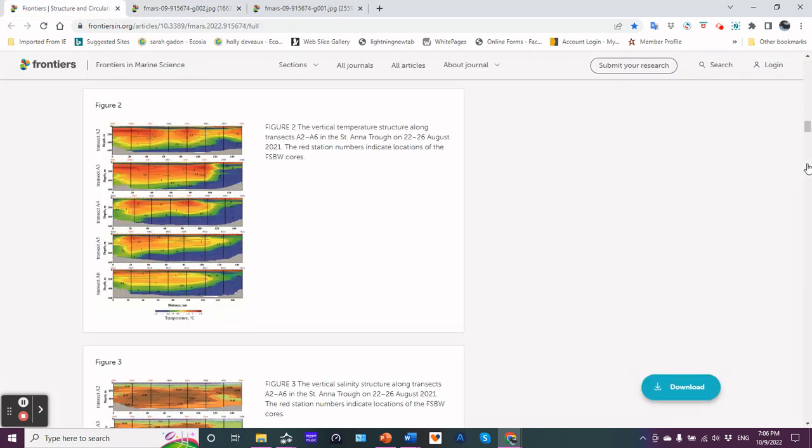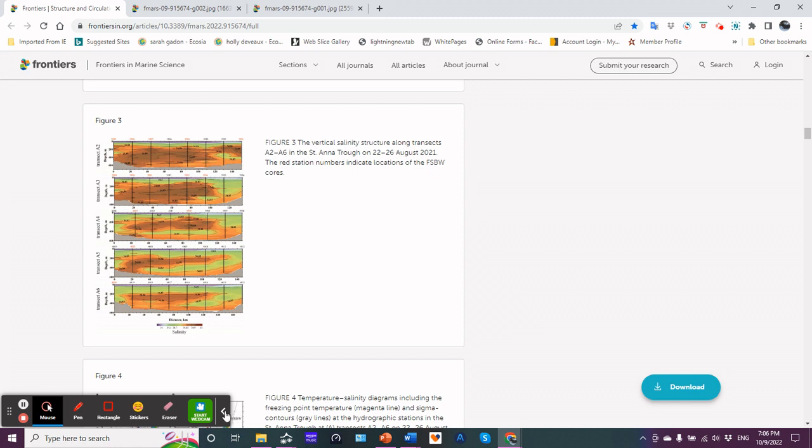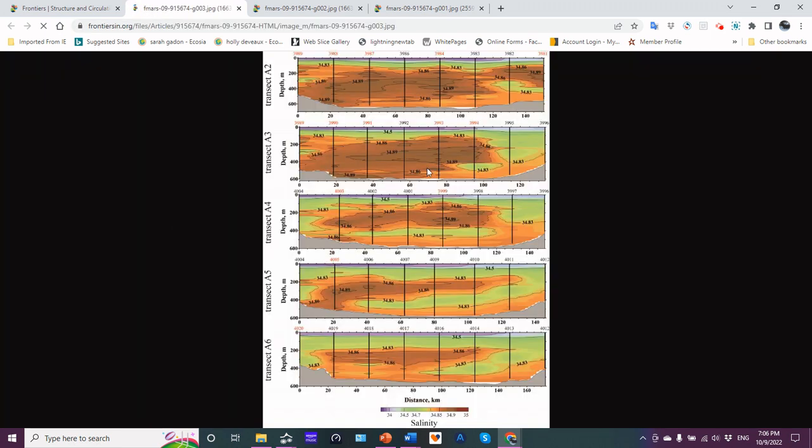And then for the salinity, a very strong Fram Strait branch water signal, and then slightly lesser salinities indicating the presence of the Barents Sea branch water. And here's that mixing, that intermediate value between the mixed surface layer and the Barents Sea salinities.